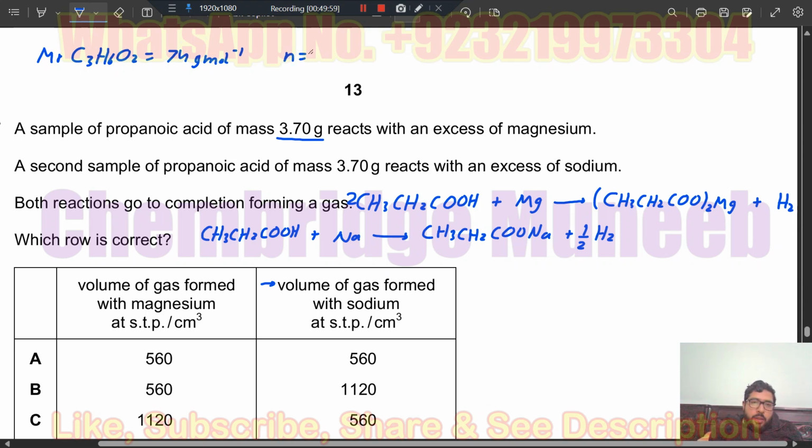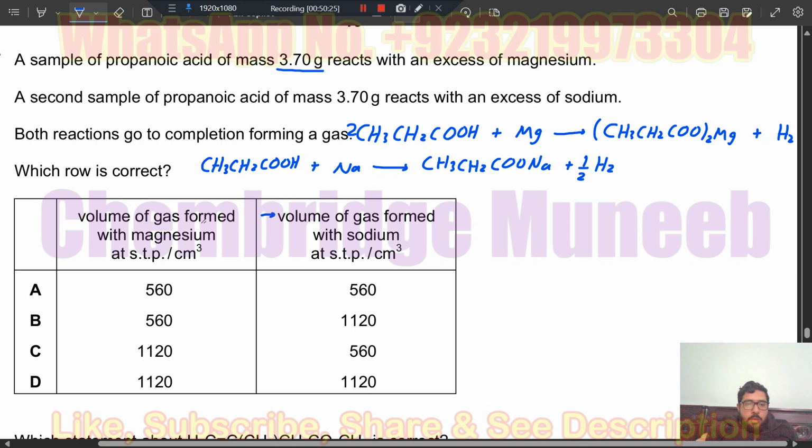So moles of the propanoic acid will be mass, which is given, 3.7 divided by 74, which is equal to 0.05 mole.